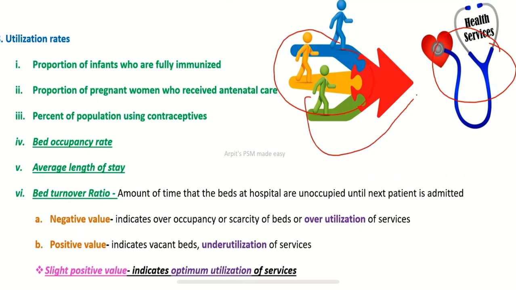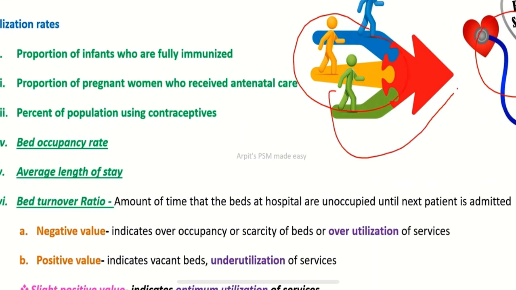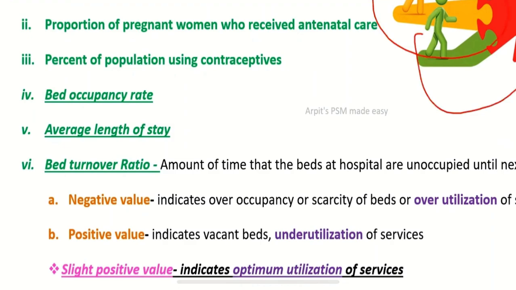So these utilization rates are given below. They are the proportion of infants who are fully immunized, the proportion of pregnant women who are receiving antenatal care, and the bed occupancy rate.